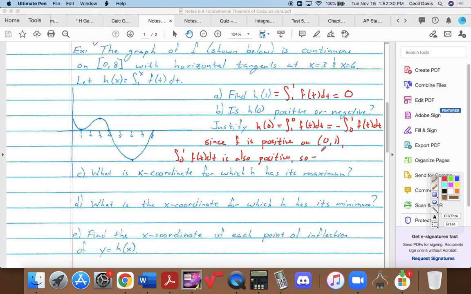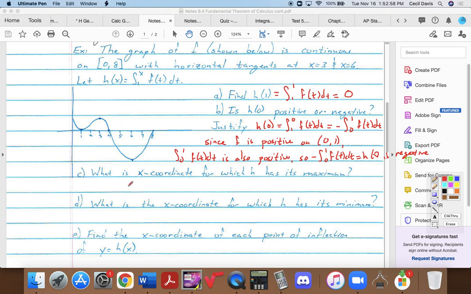So the opposite of the integral from 0 to 1 of f of t dt, which is h of 0, is negative. So far, so good?